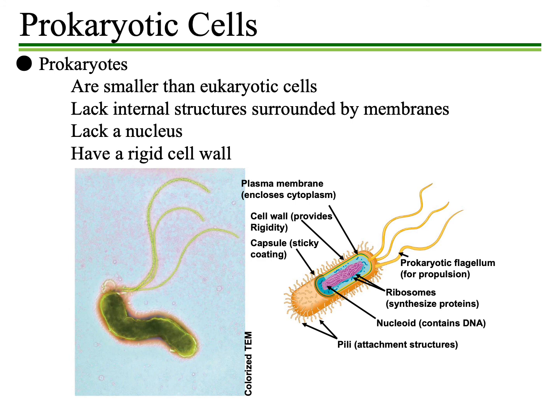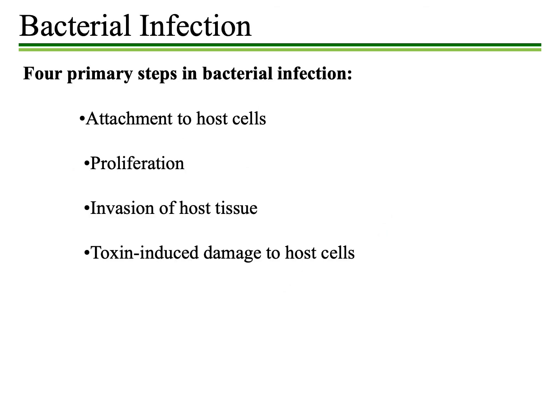There are lots of different types of bacterial pathogens, and obviously the list would vary depending upon the specific type of pathogen we would be discussing. With bacterial infections, there are 4 primary steps involved.